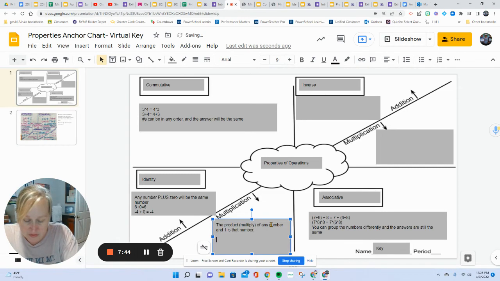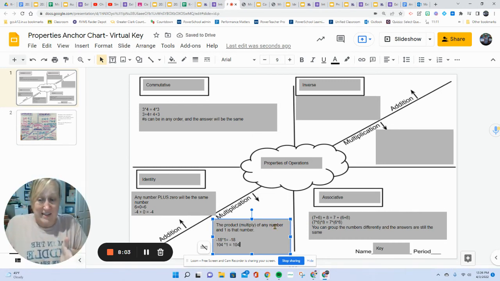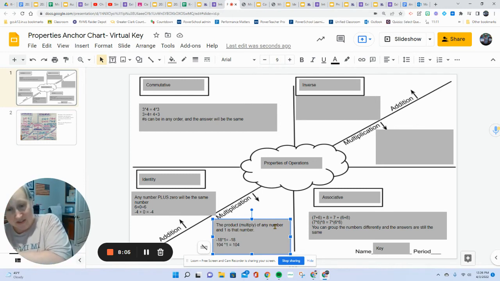So examples. If I have -18 times 1, I get -18. Get the same number back. If I take 104 and I multiply it by 1, I get 104. So identity means it keeps its own identity. It stays the same. But addition is plus 0.